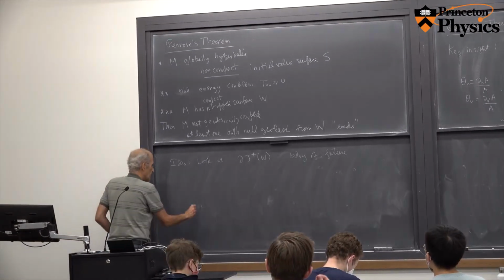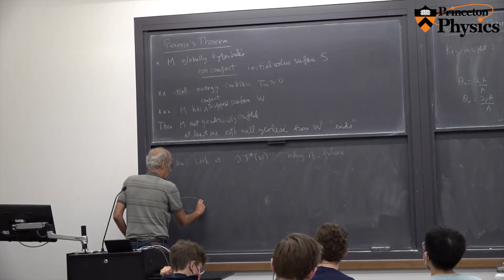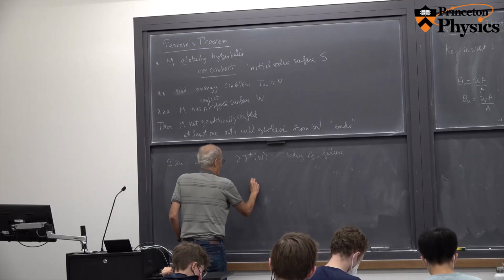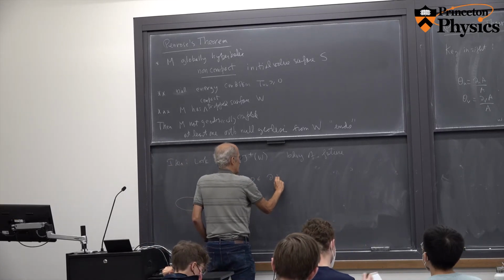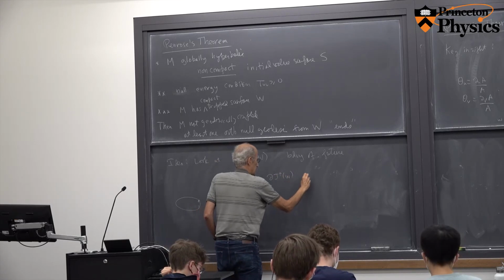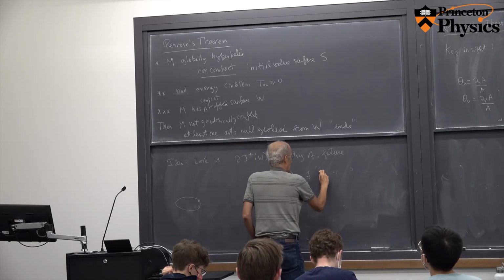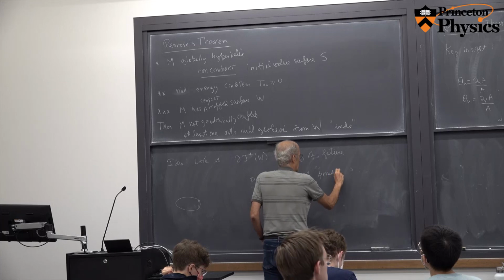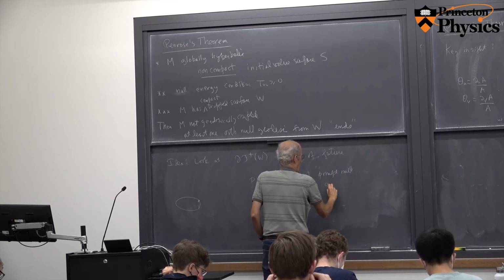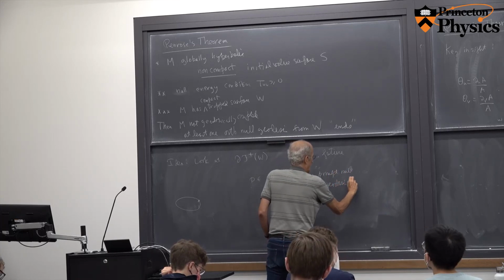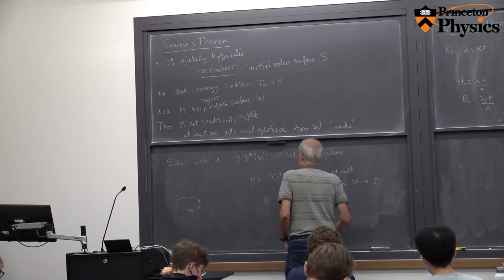So we know that if P is in the boundary of the future of W, then there exists a prompt null geodesic from W to P.